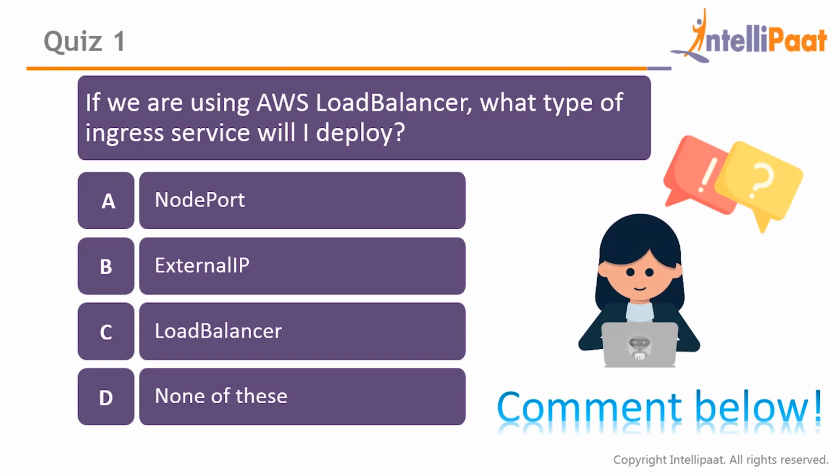But if I'm using the AWS load balancer, what type of service would I be deploying? Would I be deploying a NodePort service, an external IP kind of service, a LoadBalancer kind of service, or is the answer none of these? Whatever your answer is, guys, I'd appreciate it if you would answer in the comment box below, and we'd be happy to answer it for you.